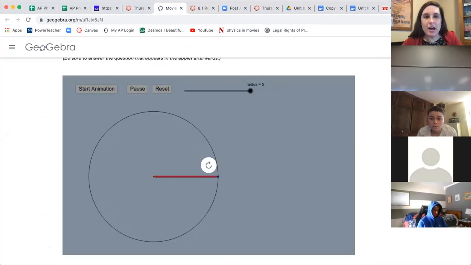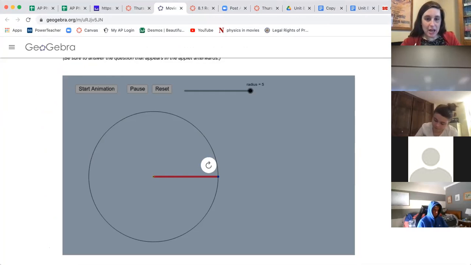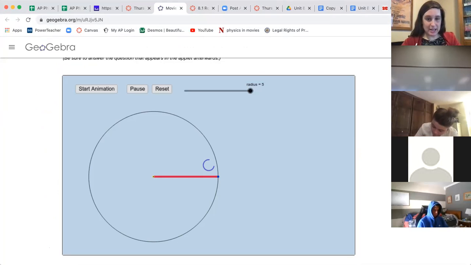This is linked in today's date. It's the definition of radian 1. It's a GeoGebra thing, and what it does is it tries to reinforce what really is a radian. So we have this red line, and this red line is the radius of the circle.